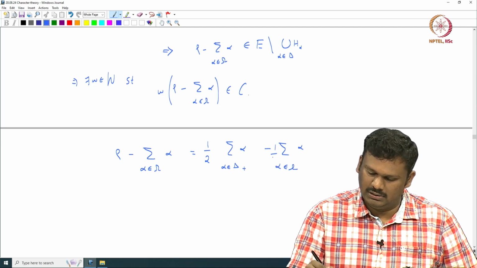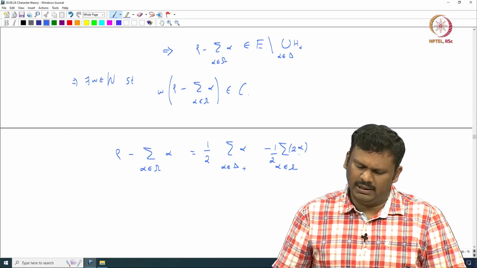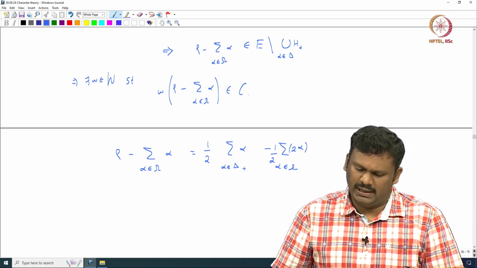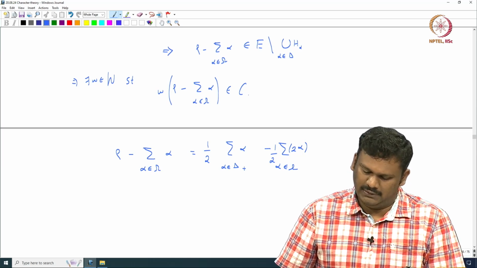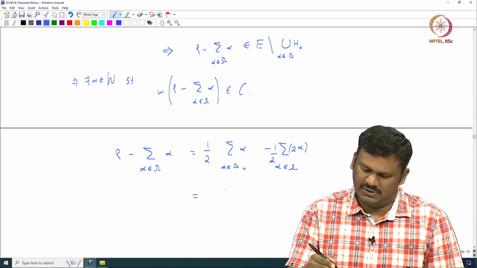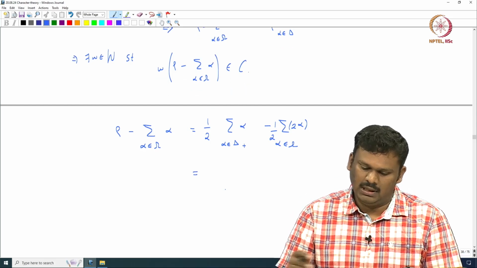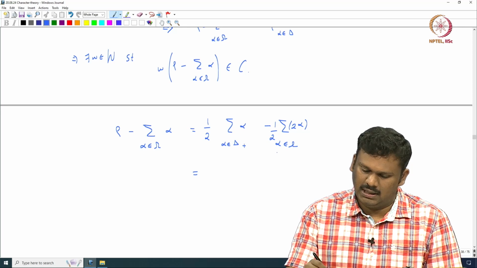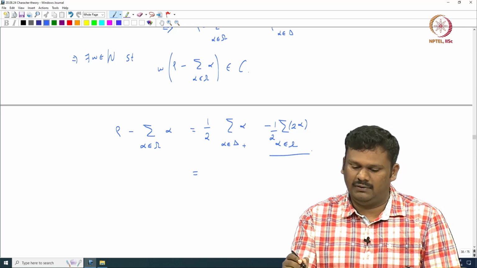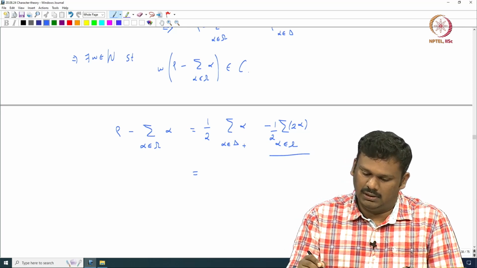So basically you can multiply by 2 and then divide by 2. Then you are subtracting some alphas, subtracting 2 alpha from the summation alpha, alpha in delta plus. So only those things that come from omega will get negative value.